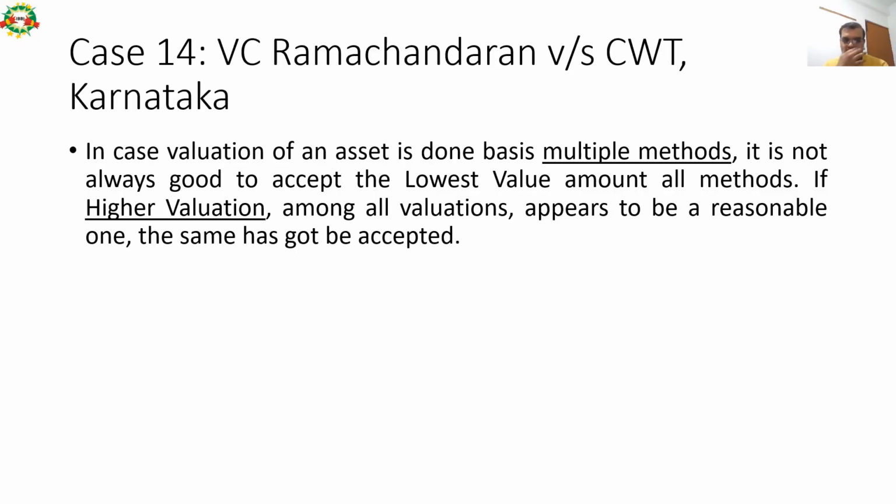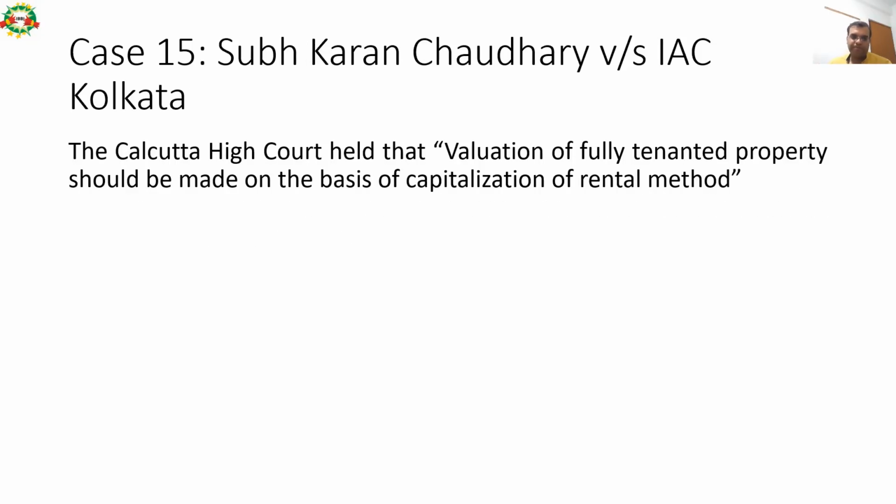So in this case, the court decided that when a valuer is valuing a property using multiple methods and different methods are giving different valuations, it is not always good that the valuer should follow the conservatism principle and go ahead with the lowest of the valuations. In fact, if the higher of the 3-4 methods appears reasonable with suitable justification, the valuer can consider the higher valuation as per this court ruling.